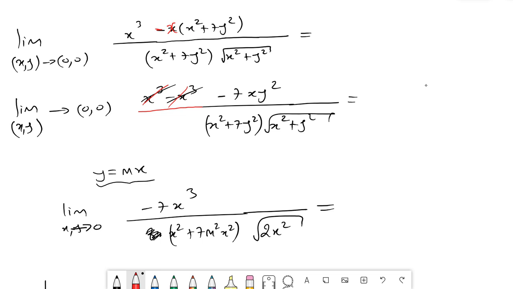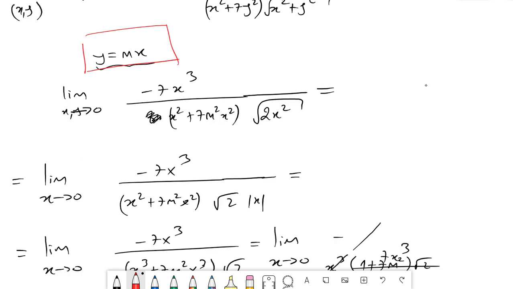Now we have to check if this limit exists. And we are going to take the directions, the line directions, right? Okay, we will replace y by mx in the function, so minus, this is only x to 0, right? Minus 7x to the power of 3, x squared. Where there was y squared, we replace by mx, so we get m squared x squared times this.